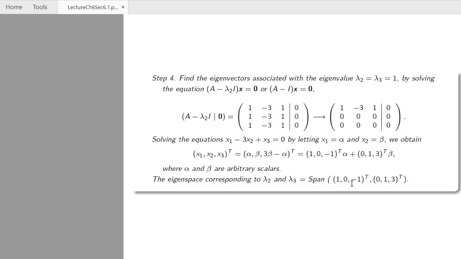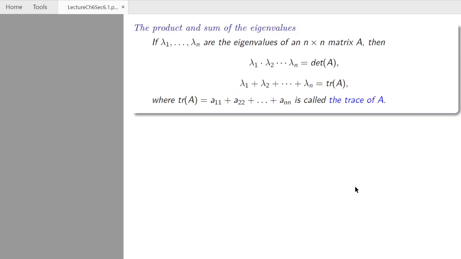So that's why we say the eigenspace is spanned by these 2 vectors. That's how we write down the eigenvectors and eigenspace. Here, this should be stated as 0.